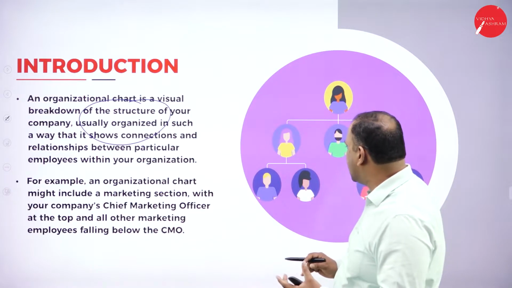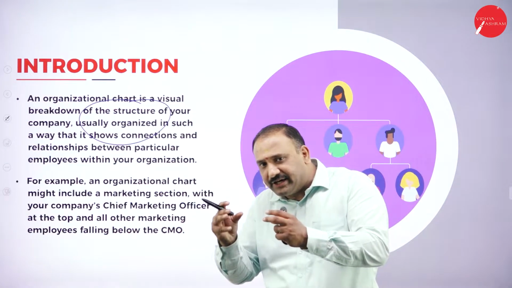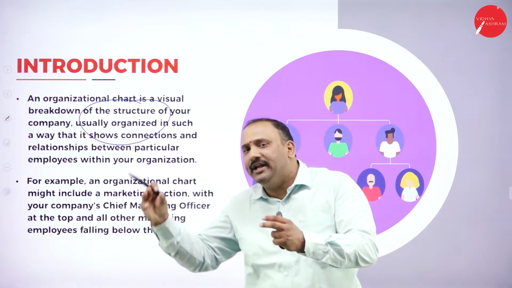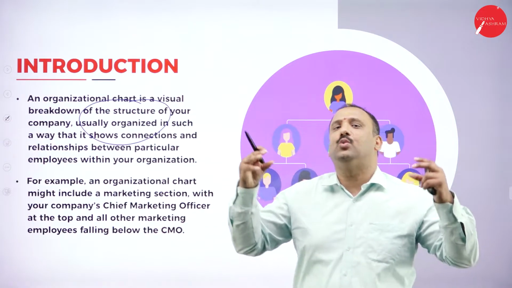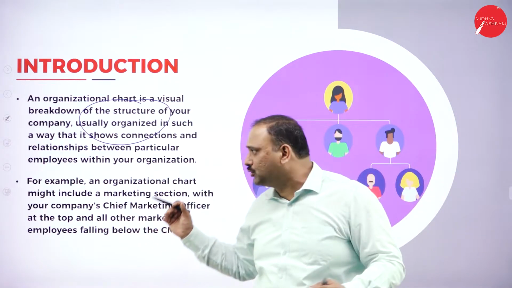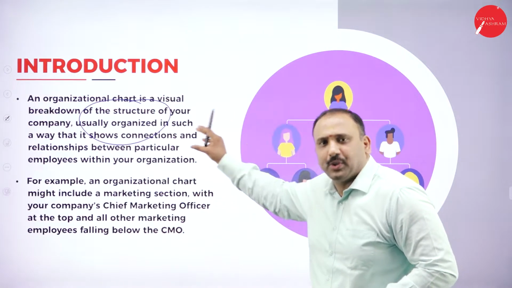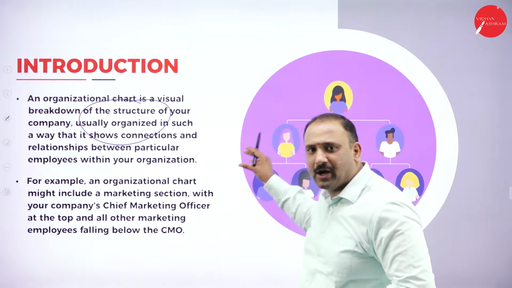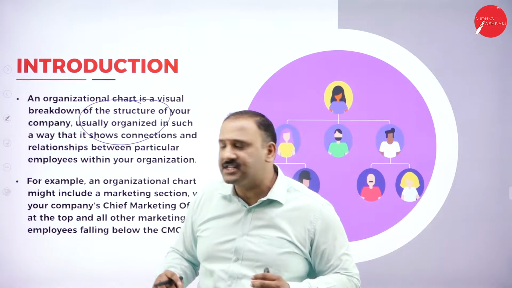The connections are how the employees are connected to various processes, various departments, their reporting heads, their hierarchies, and to which region or division they belong. So this is a simple visual representation that tells how the employees are going to be placed inside the organization.